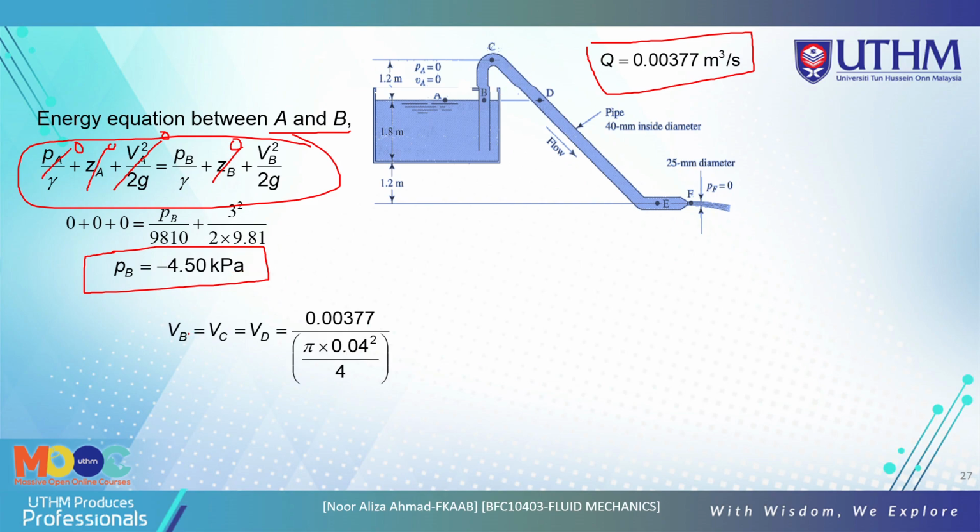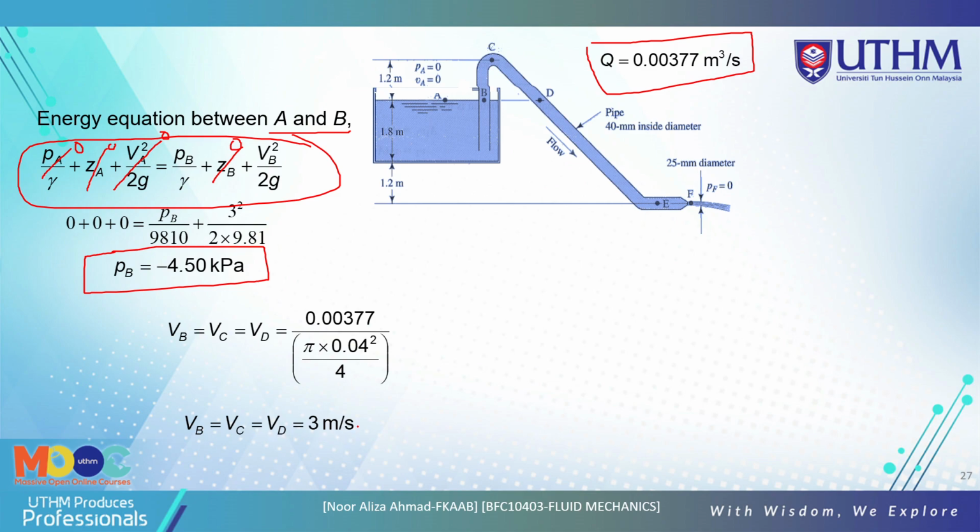Now we know that the velocity at B must be the same as the velocity at C and at D, because it's in the same flow. We have learned this in topic 2. So the velocity at B, C and D is 3 meters per second.